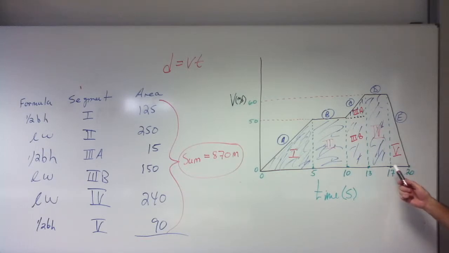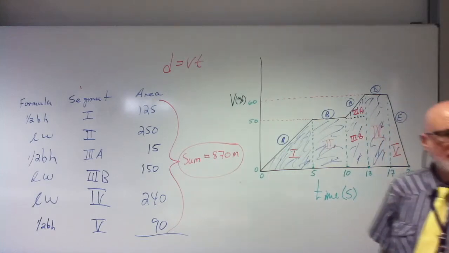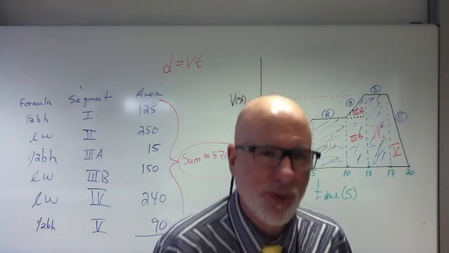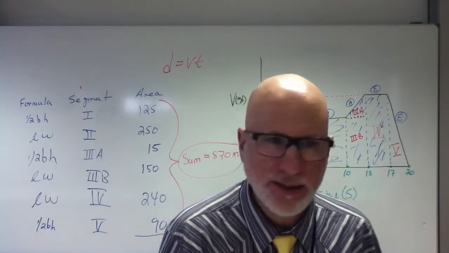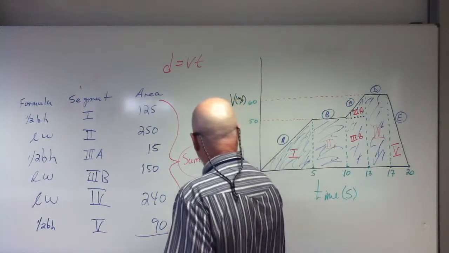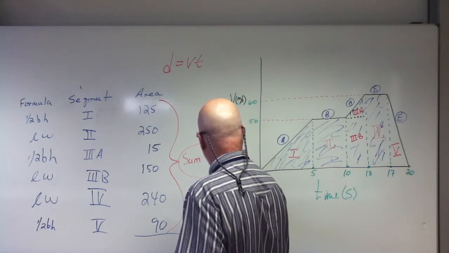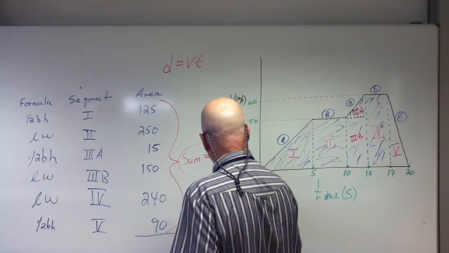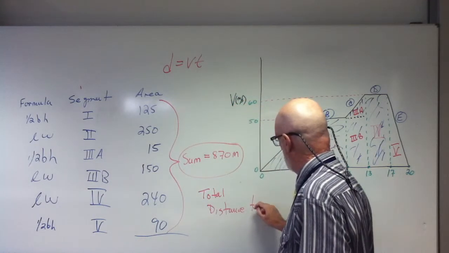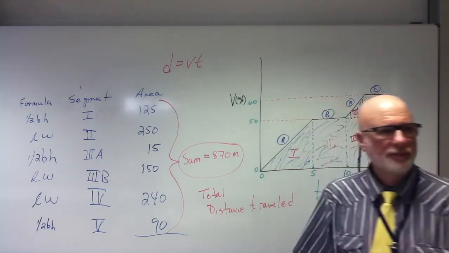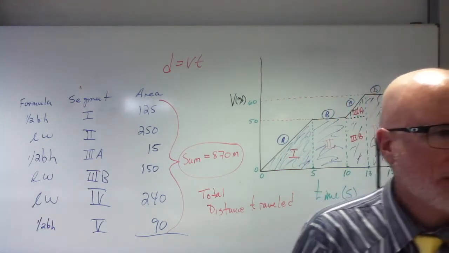And this area, the area under the curve, is the total distance traveled. Total distance traveled. Okay?